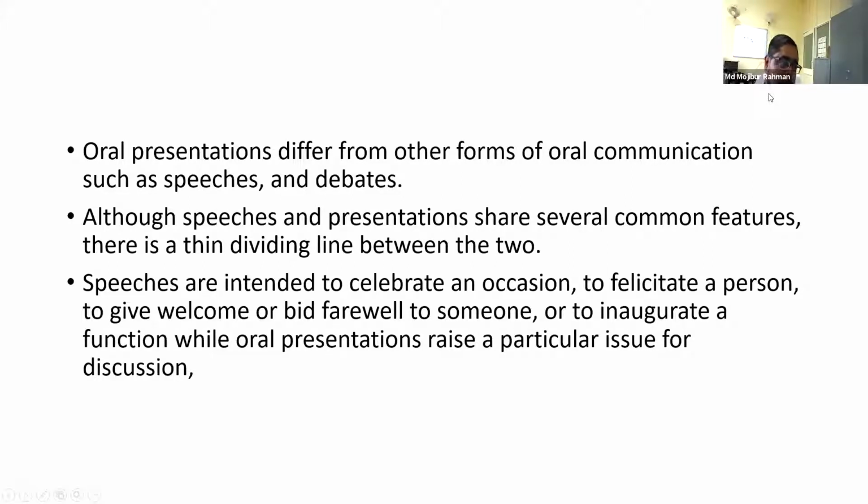We are interacting basically. We are discussing with the audience. We are not simply lecturing to the audience, but we are creating a kind of discussion.